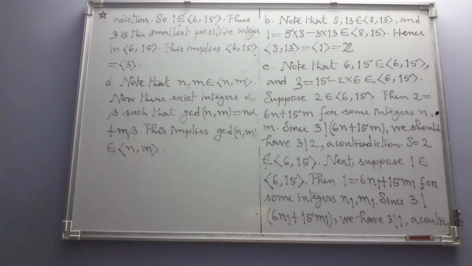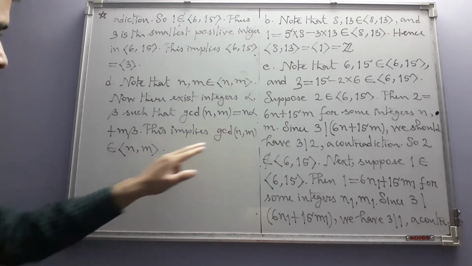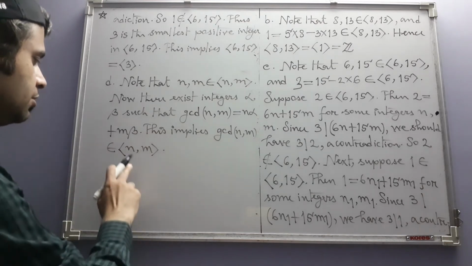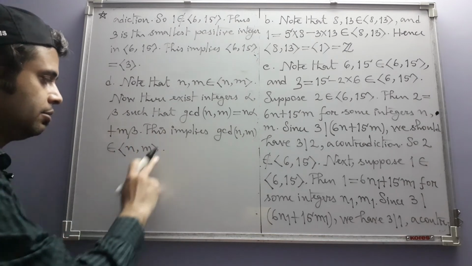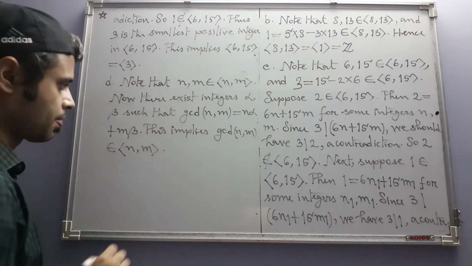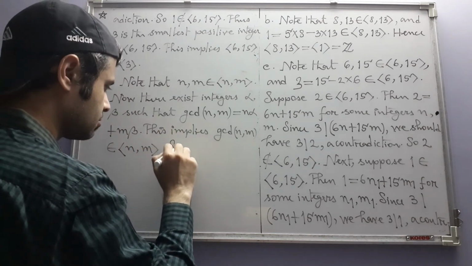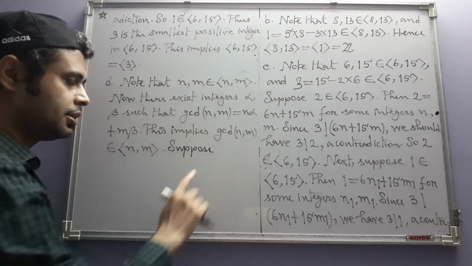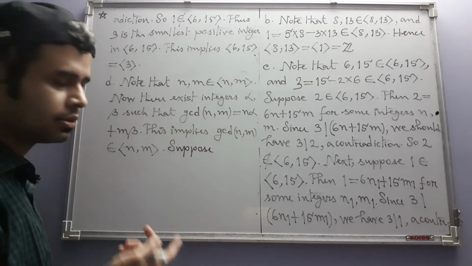Okay, now we want to prove that this is in fact the smallest positive integer contained in this subgroup. Suppose, keep in mind that GCD by definition is a positive integer.